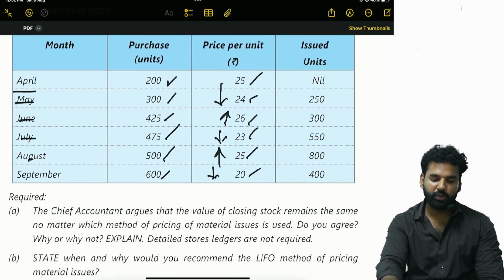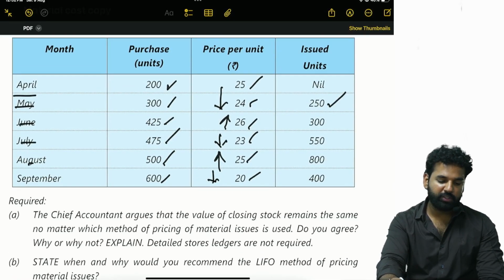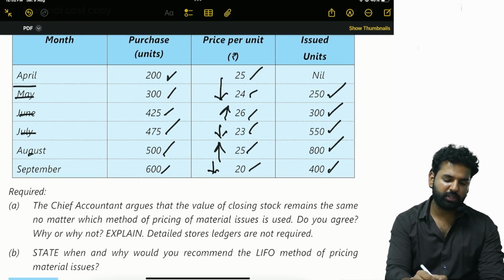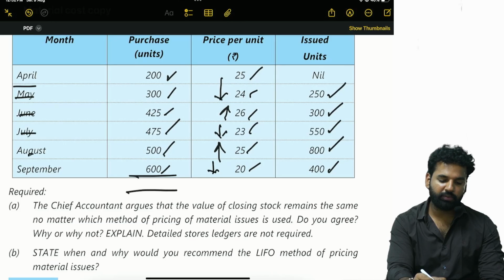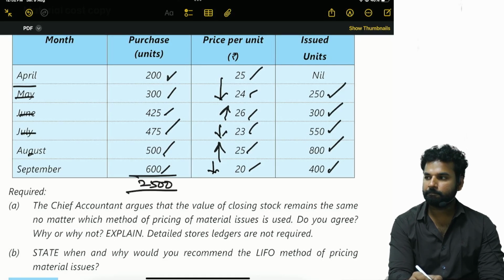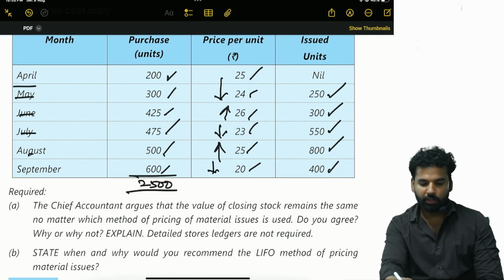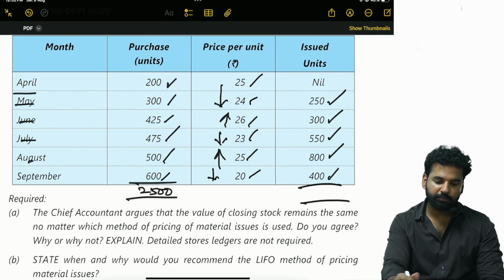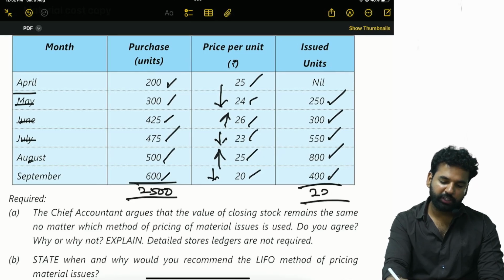Okay, next, issue units: 250 units in the May month, 300, 550, 800, 400 issued. Adding up the totals, purchases come to 2500 units and issues to 2300.